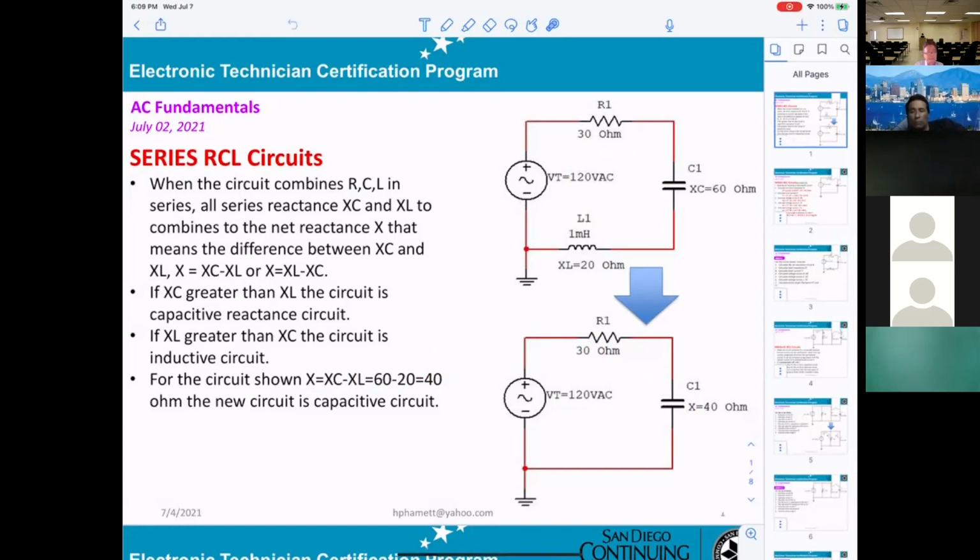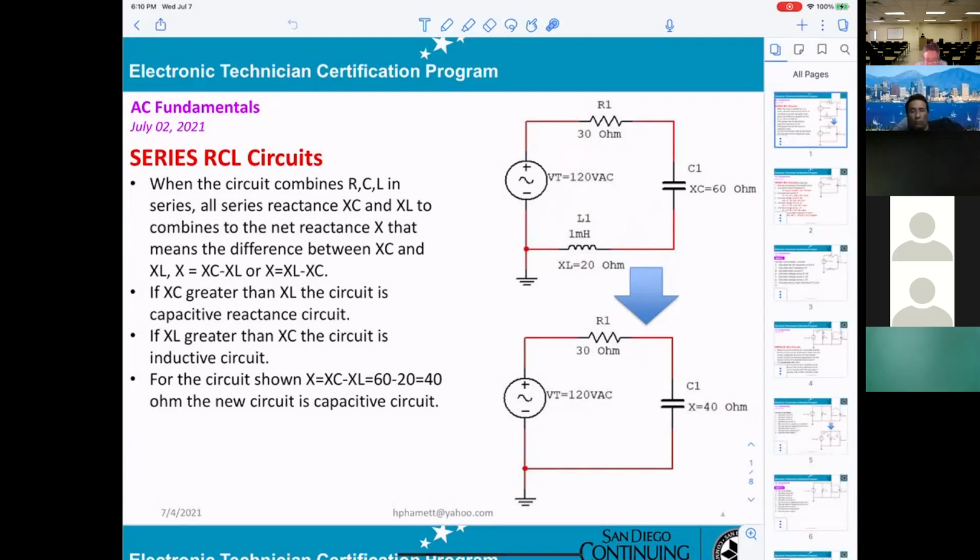Student: I thought you're supposed to divide the V total by the XL or the XC to find which one is greater, then move to the next circuitry. Now you have to look for the difference between reactances, not the current. There's only one current, because it's a series circuit. You have to compare XC and XL, which one is bigger.